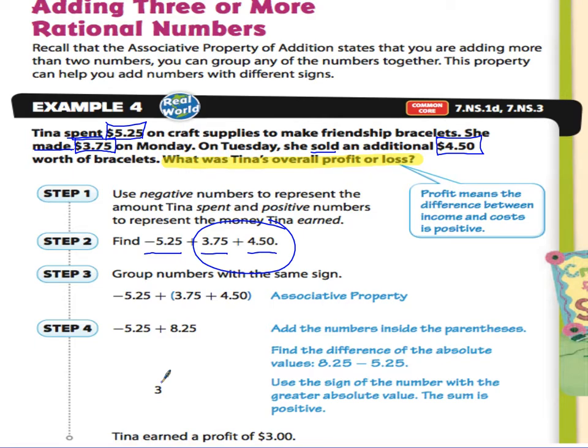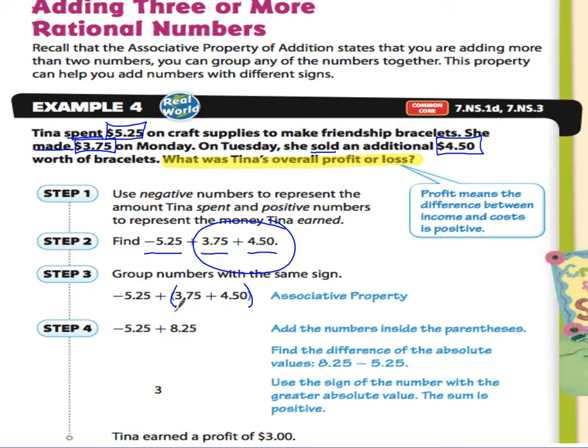So in this case, we don't have to move the numbers, but the associative property allows us to group them and add in whatever order, because 1 plus 2 plus 3 is going to give us 6, and 3 plus 2 plus 1 is also going to give us 6. So the order doesn't matter because addition is all doing the same thing.